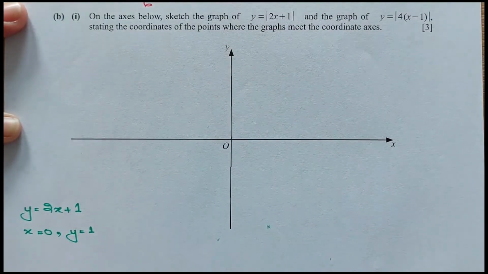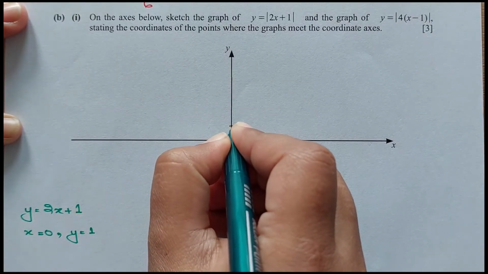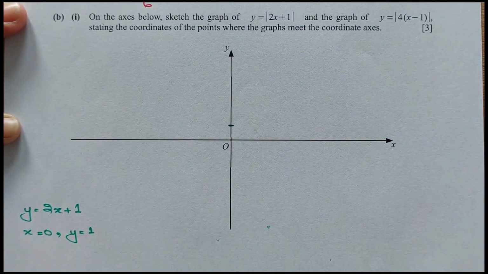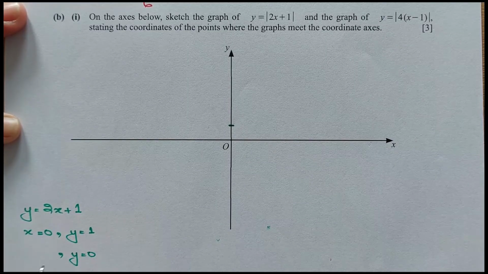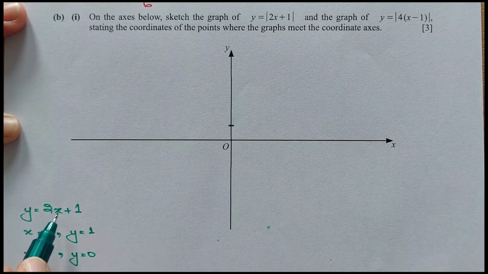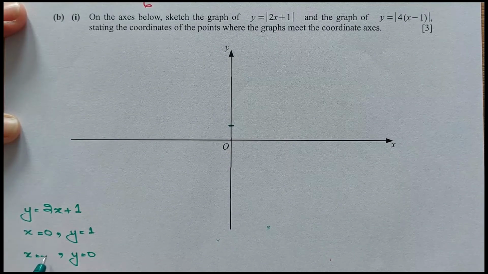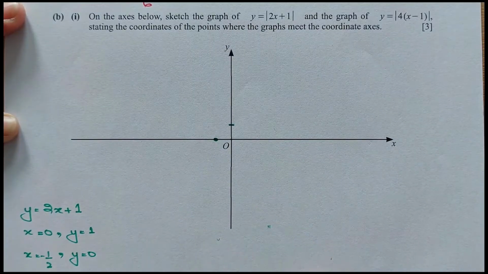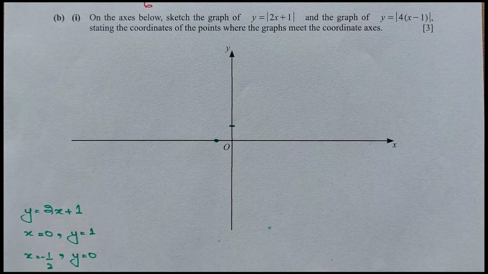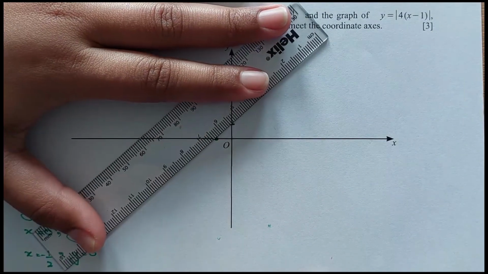So y equals 1. And when y equals 0, the x is going to be minus 1 by 2. Minus 0.5 is this point, right? So let me connect the 2 points.